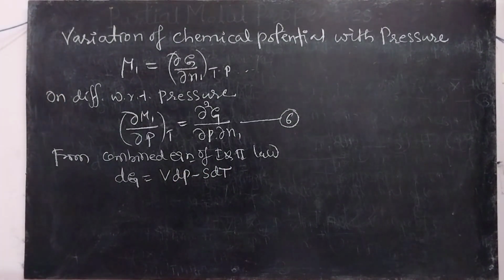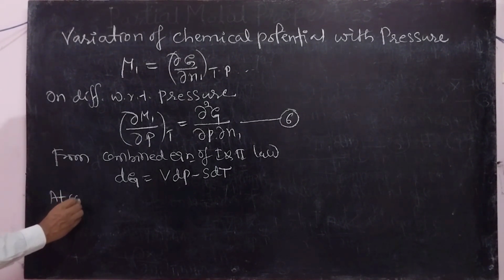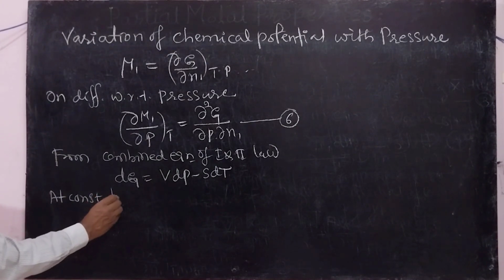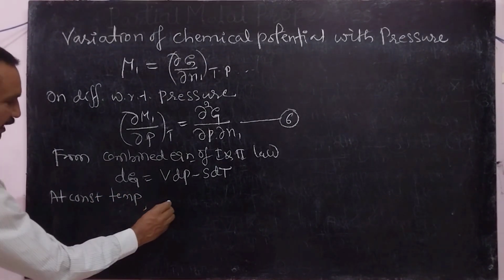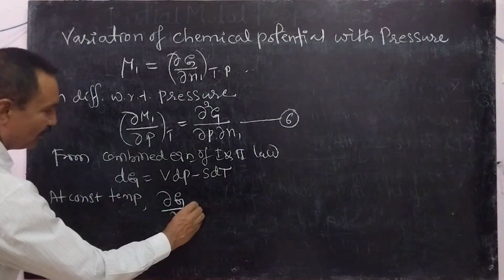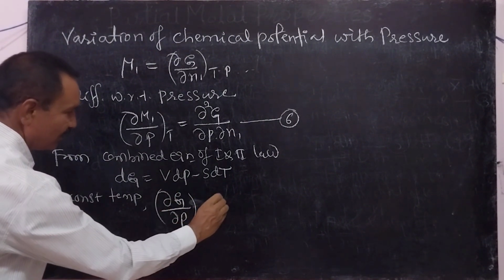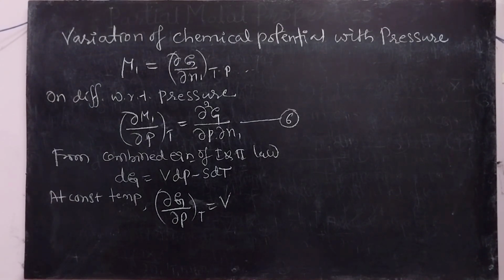At constant temperature, it is with pressure at a constant temperature. What we get is dou G divided by dou P at constant temperature equal to V.